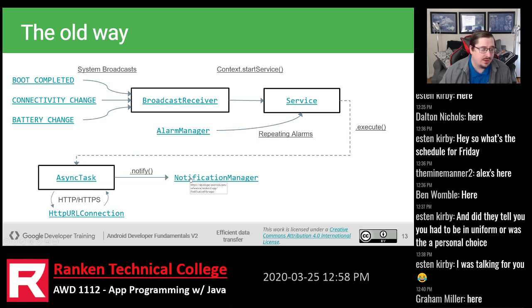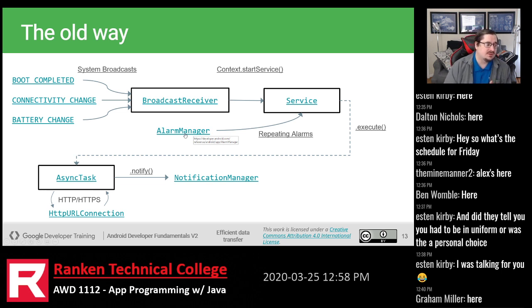So traditionally, in order to send notifications to the user, we had to hook every single piece of these up. We had to create a subclass of broadcast receiver, a subclass of service, a subclass of async task. And one thing I kind of skipped over, we usually also had to do something with, quote unquote, alarms or the alarm manager.